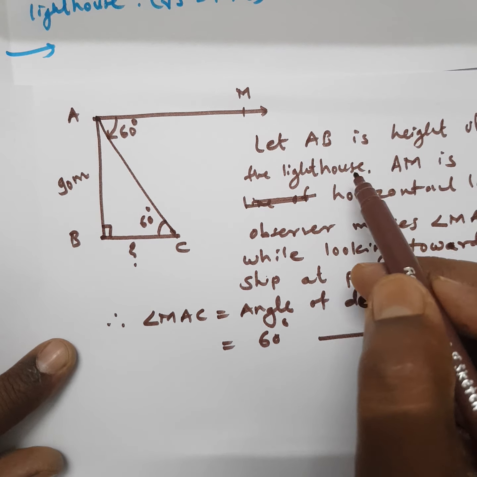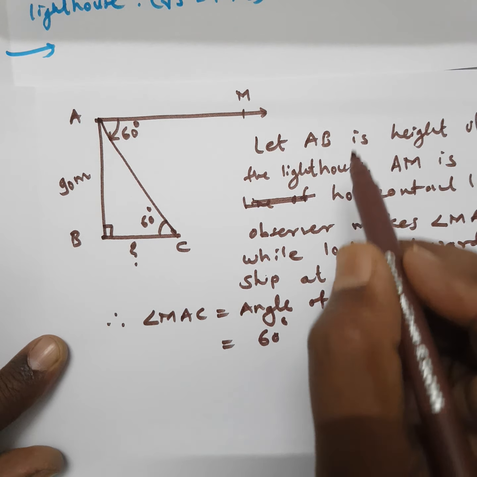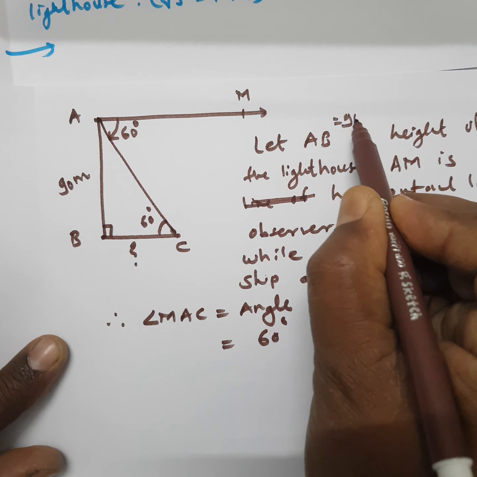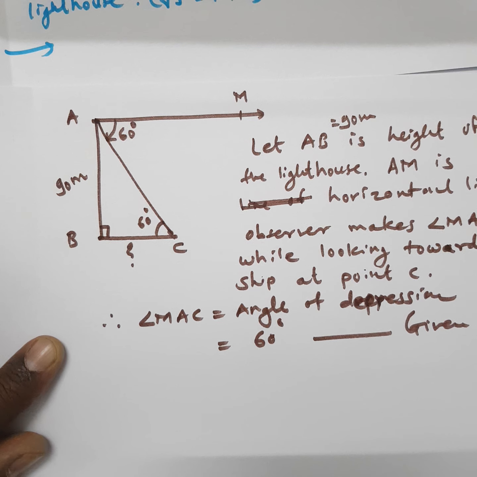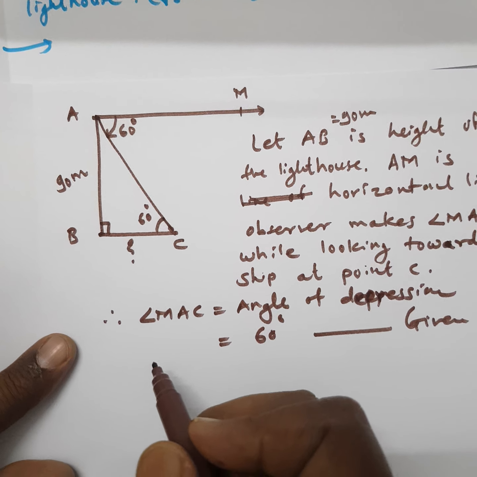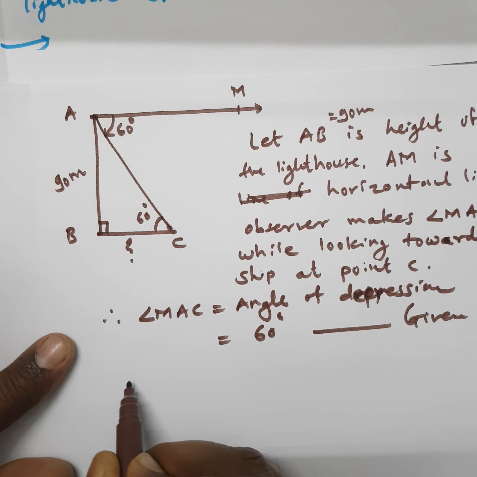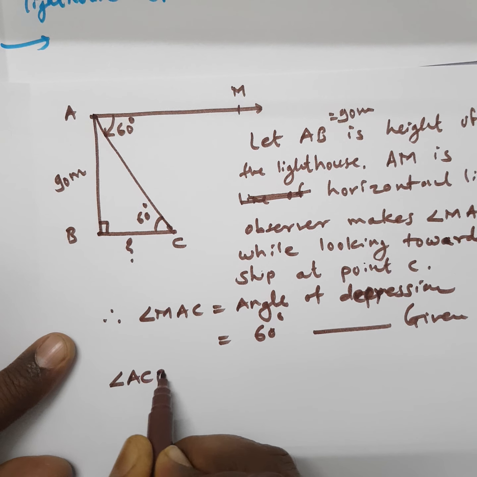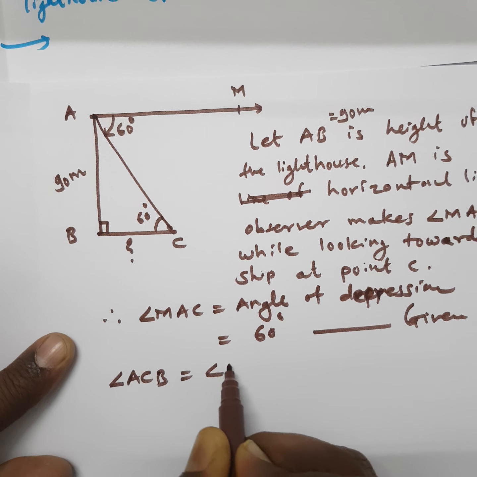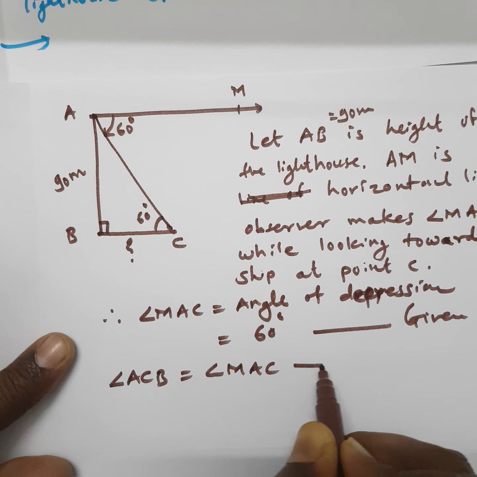AB is height of the lighthouse. It is 90 meter. Now, angle ACB is equal to angle MAC.